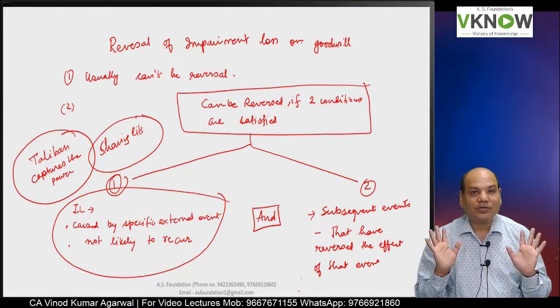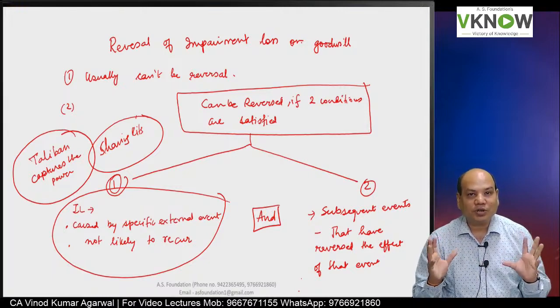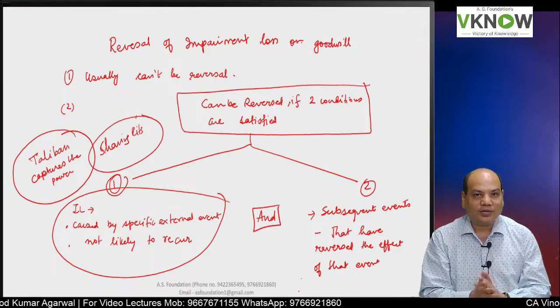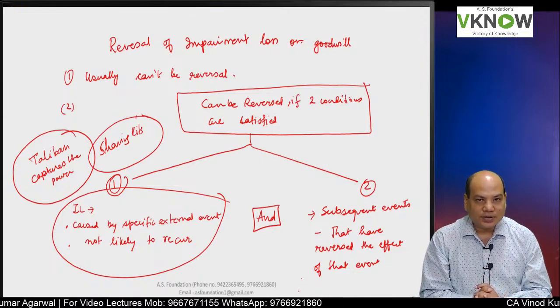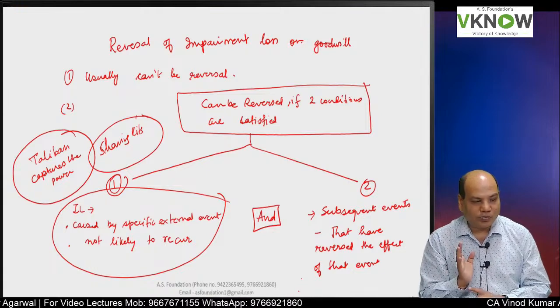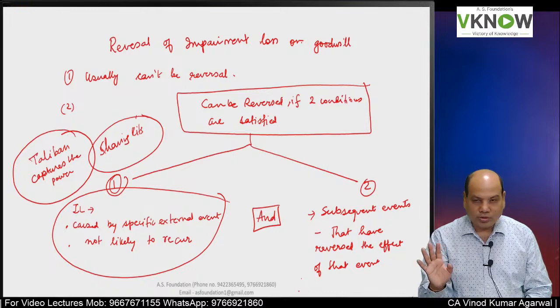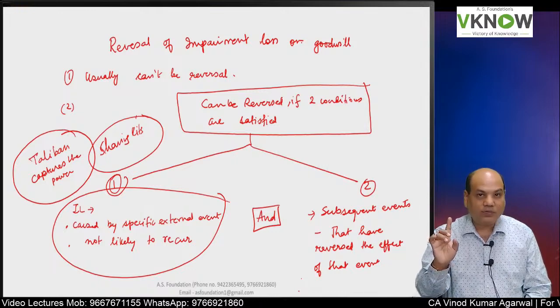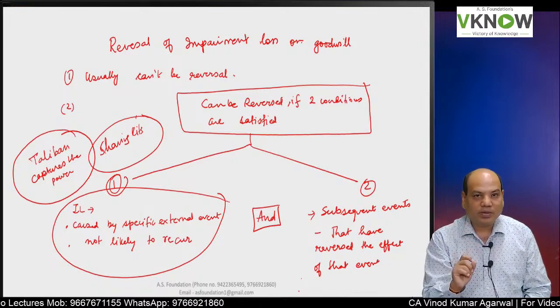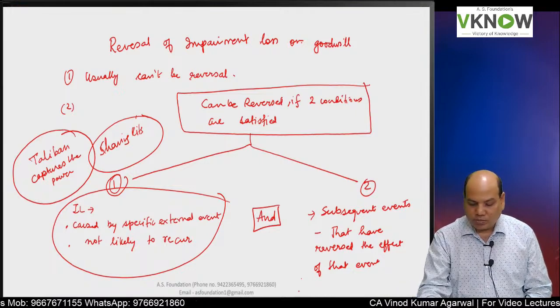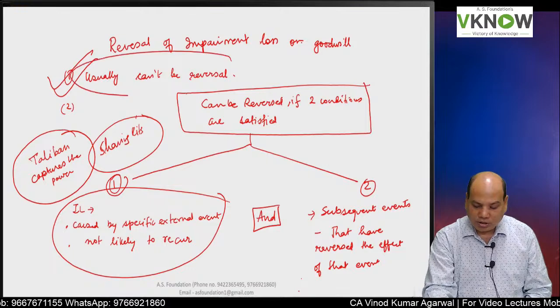In this exceptional, extreme case, you can reverse impairment loss of goodwill, but not in the normal course. In the normal course, goodwill impairment loss cannot be reversed.